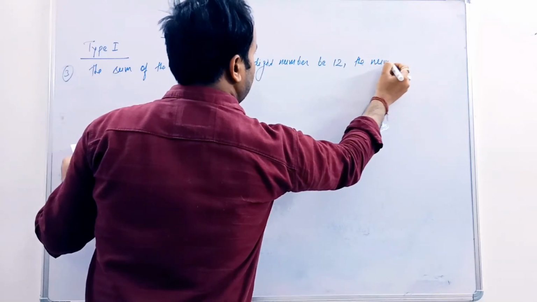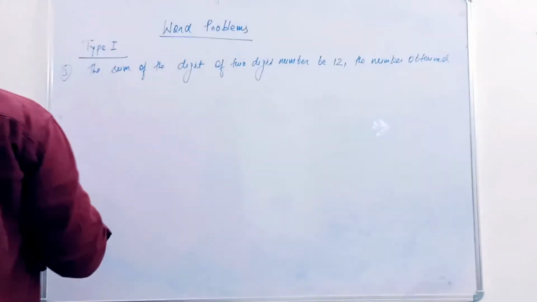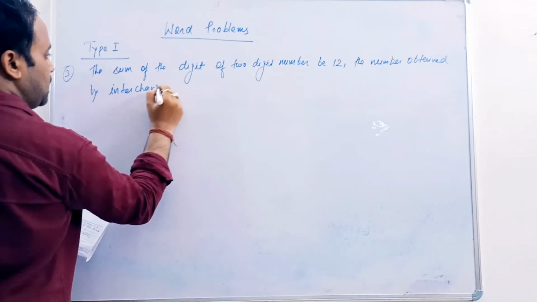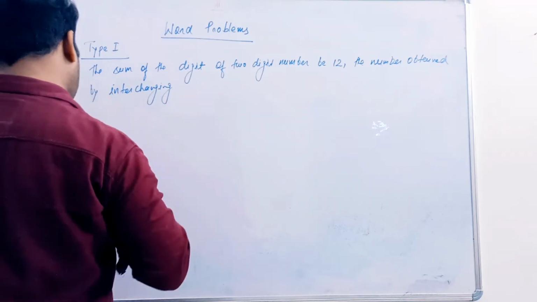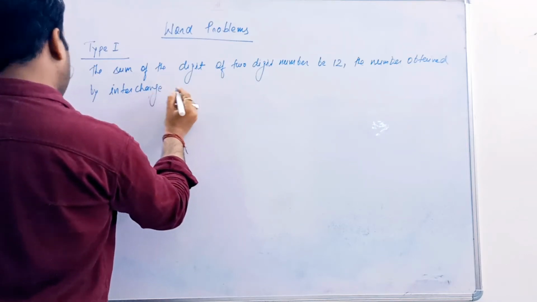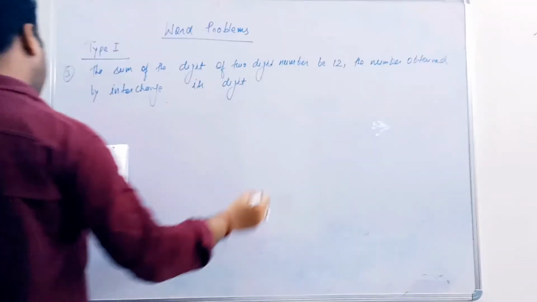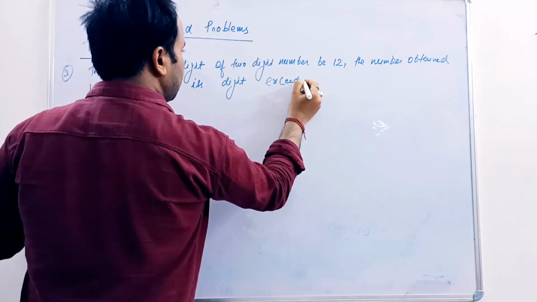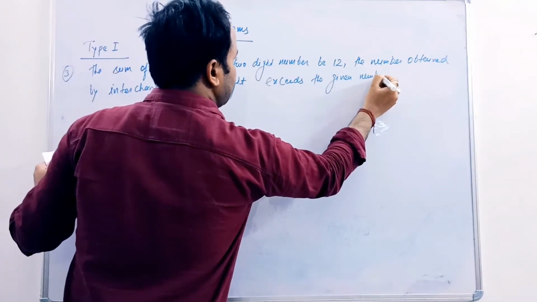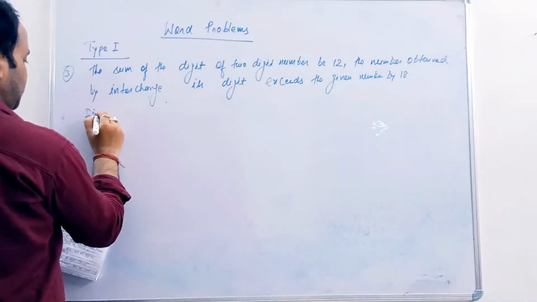Next, the number obtained by interchanging its digits exceeds the given number by 18.